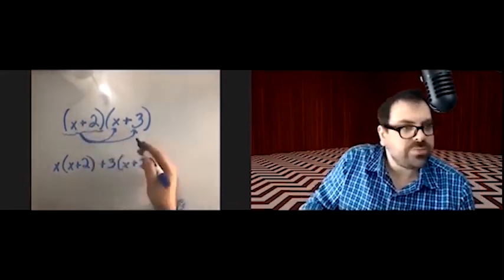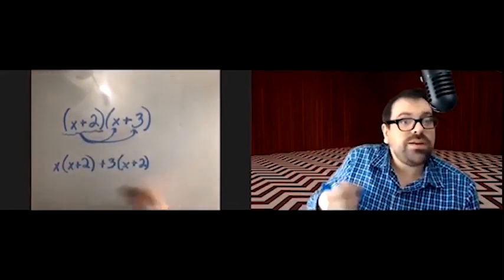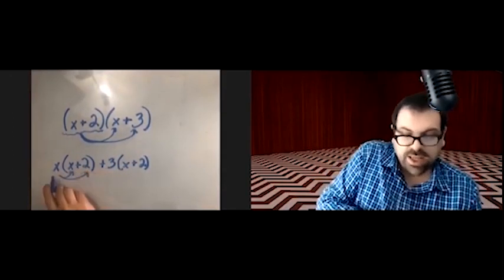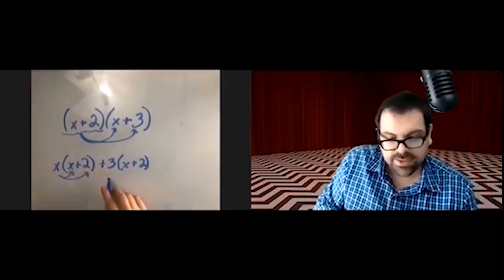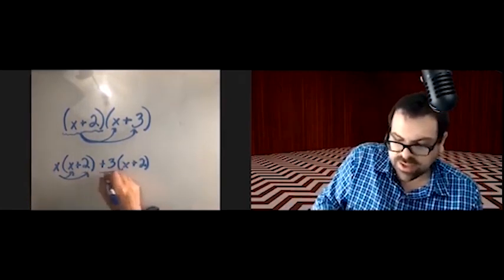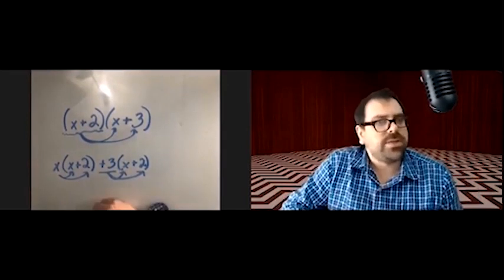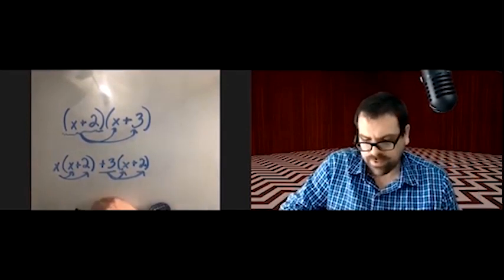So that's one distribution. But then we would have another level of distribution, multiplying just the x times both terms. And then again, multiplying the positive 3 times both terms.